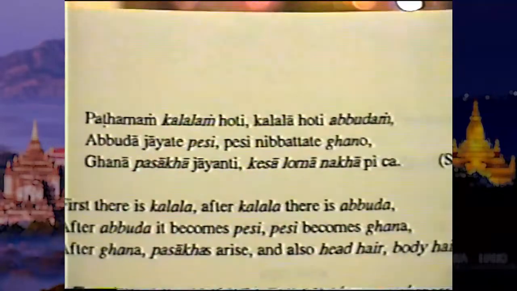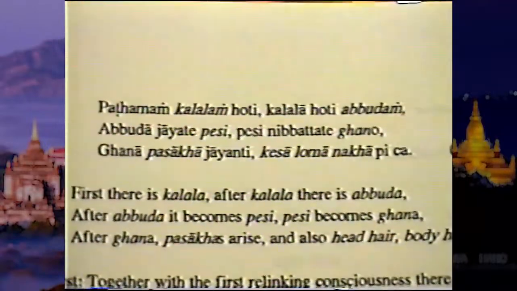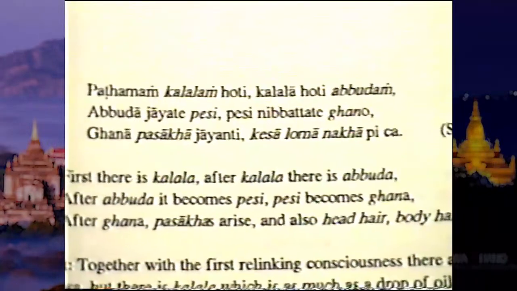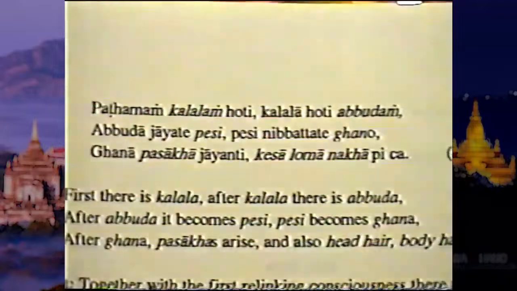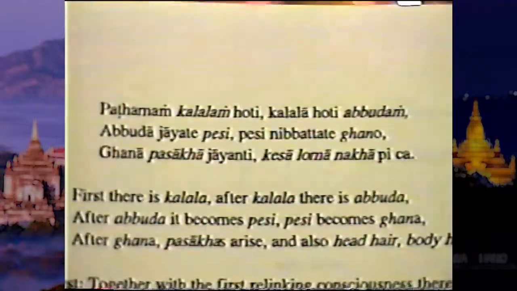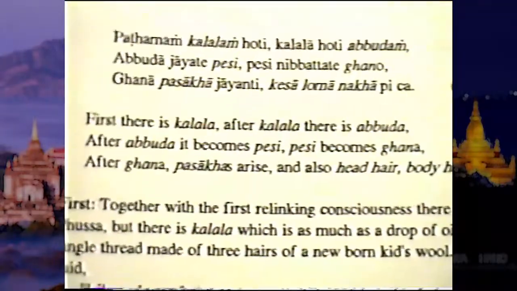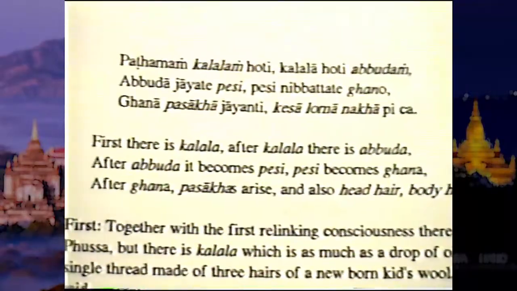Once a deity came to the Buddha and asked about the being, and so the Buddha replied. As a reply, the Buddha said this verse. So this verse means first there is Kalala. Now we'll come to the meanings later. So first there is Kalala.